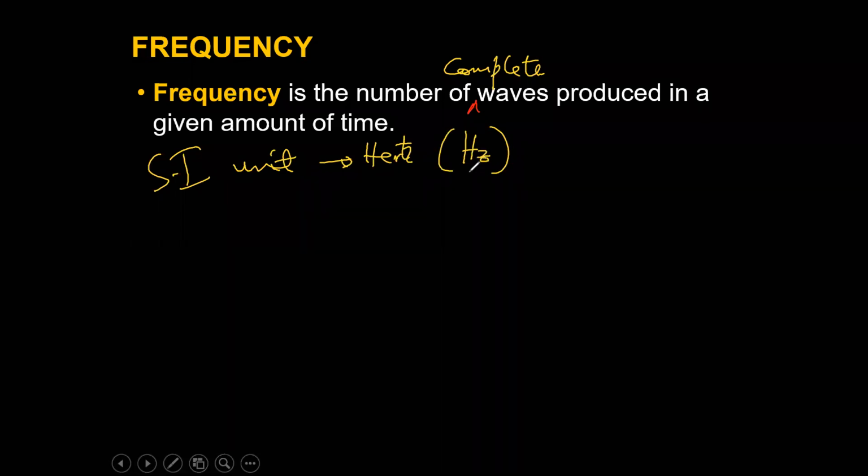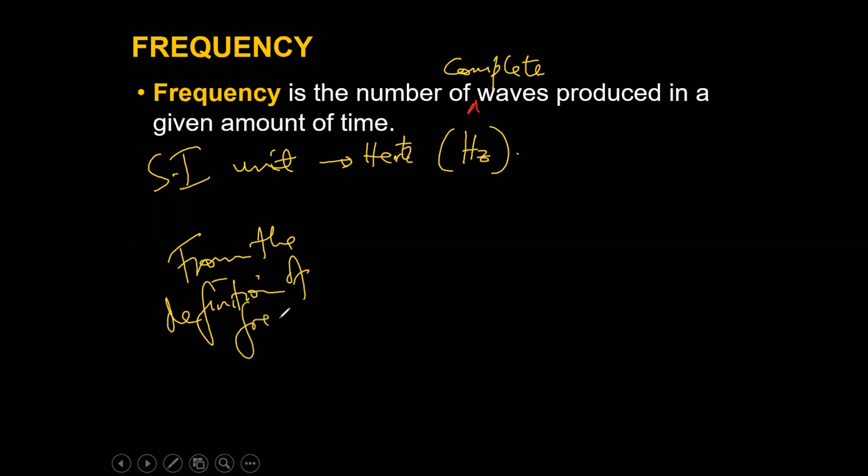Hertz. So, how do you get frequency? Let me just show you something here. You can write it on the side, maybe in the margin. We're defining frequency from the definition of frequency. From the definition of frequency, we're saying that frequency is equal to the number divided by the time.